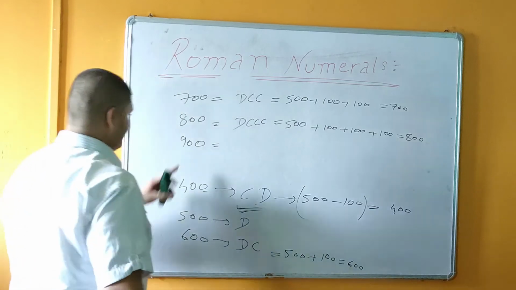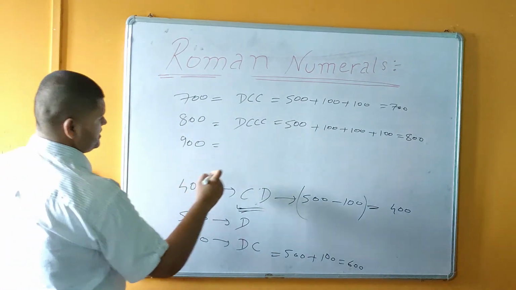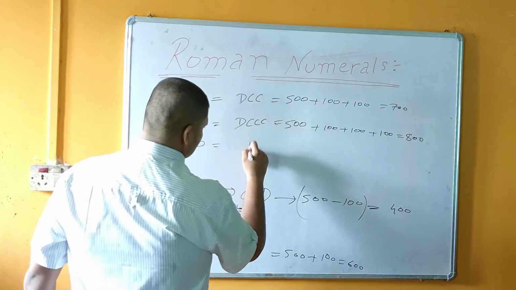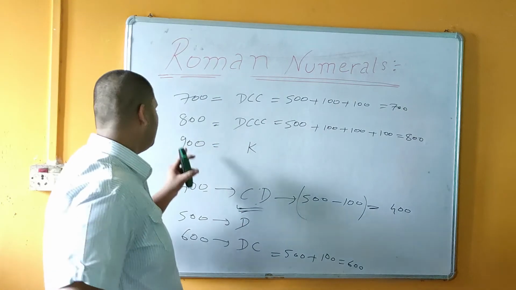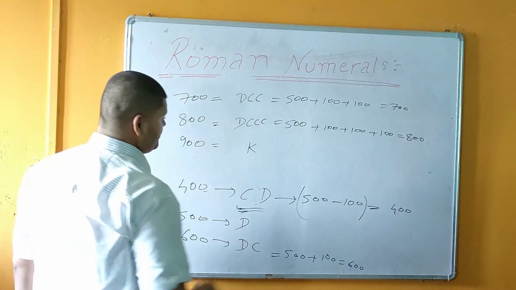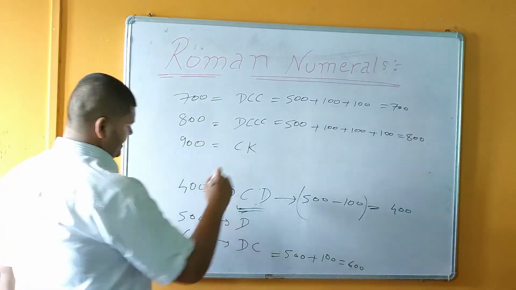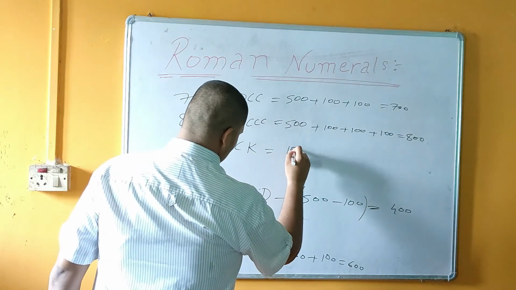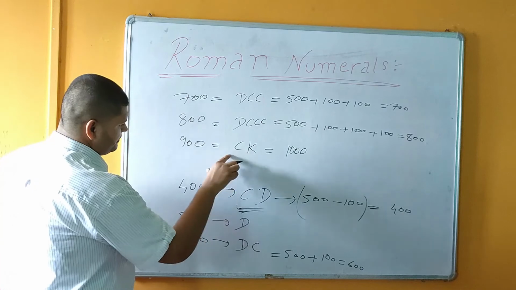How do you do that? First you have to take the nearest to 900, which is nothing but 1000. So 1000 is represented by K and you want to subtract 100, then only it will become 900. So from 1000 we have to subtract 100, so it can be written CK.